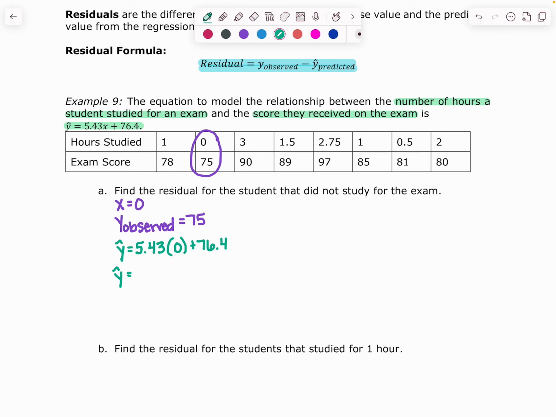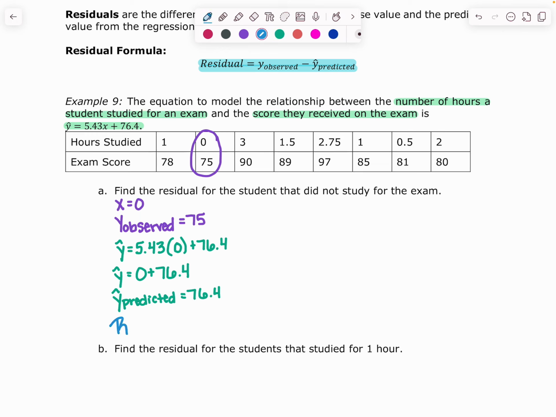Multiplication comes first. 5.43 times 0 is 0, plus 76.4. So my y hat, which is my prediction, equals 76.4.